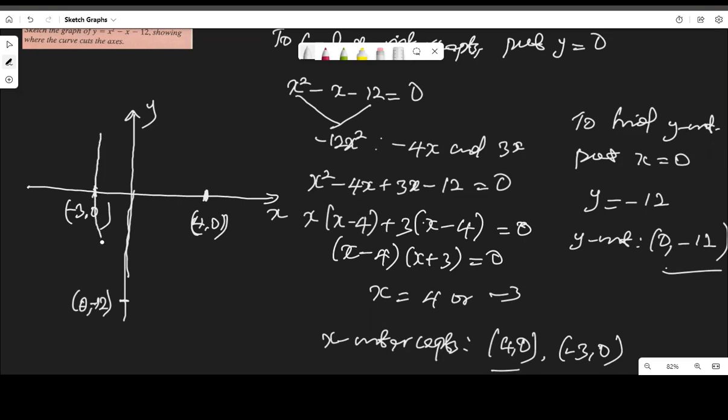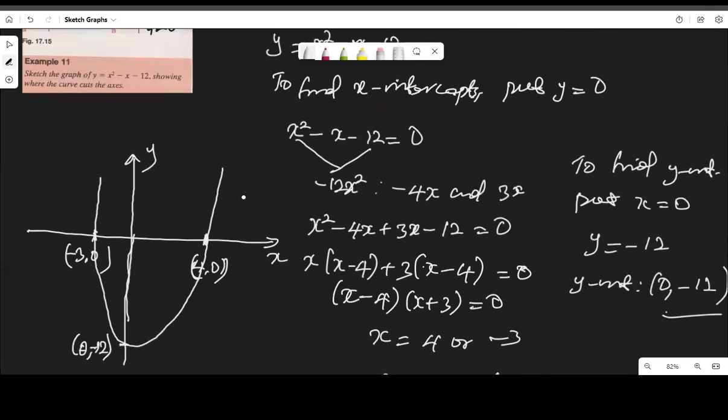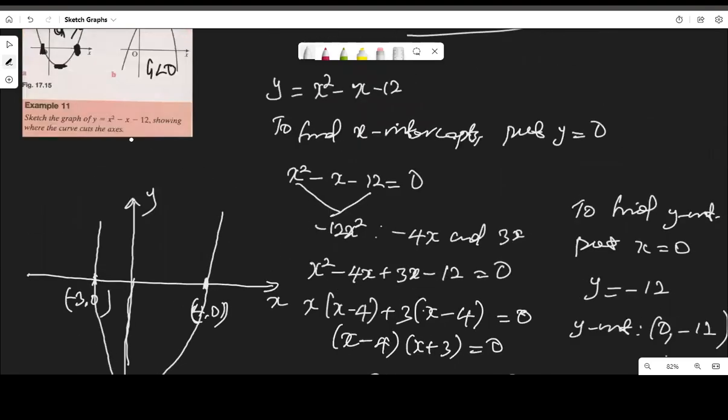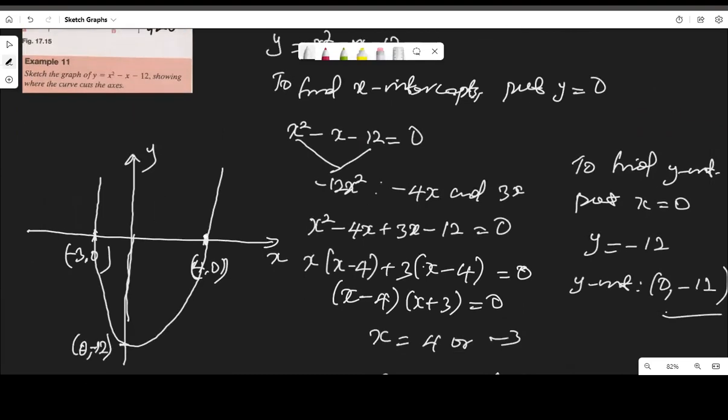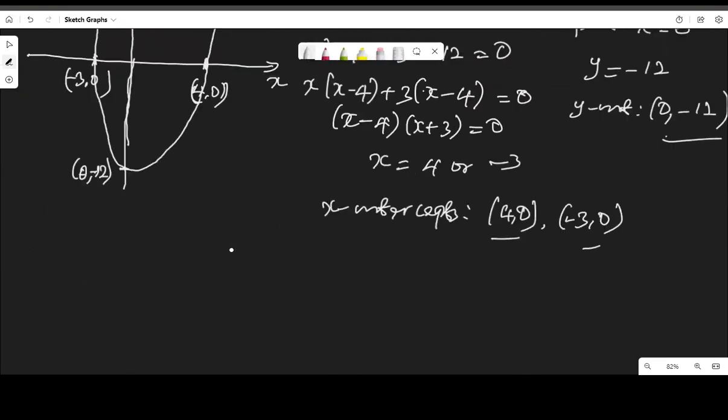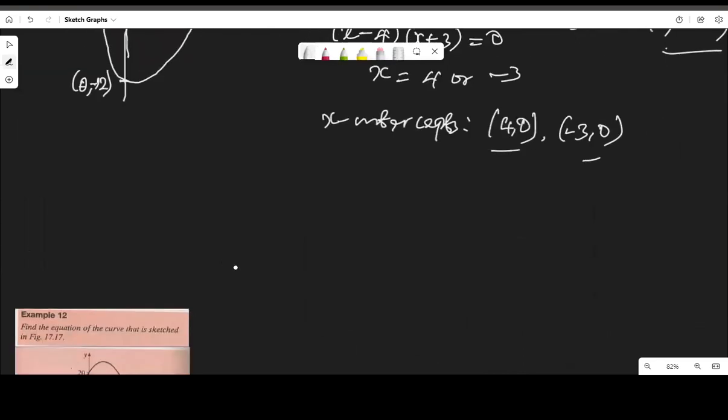U-shaped. An endpoint somewhere here. Okay. That is the curve for this equation. So it's showing where the curve cuts the x-axis. So you can see it right there. That is a freehand drawing of that.